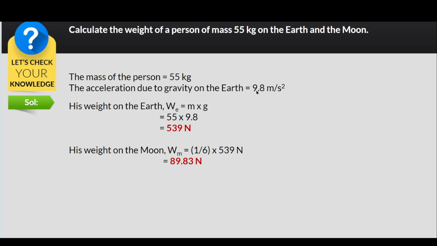Its value is fixed, 9.8. So mass is 55 times gravity 9.8. If we multiply it, we get this. This is the weight on earth, 539 Newton, and the weight on the moon will be, if we divide it by 6, because it is 1/6 of earth, 89.83 Newton.